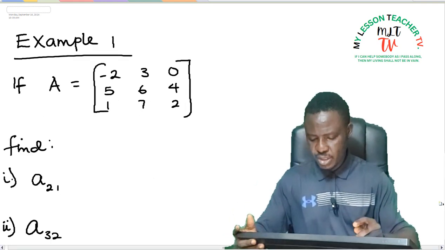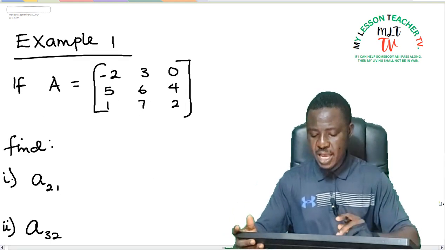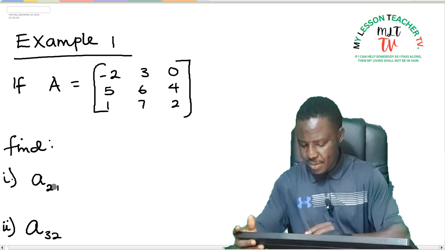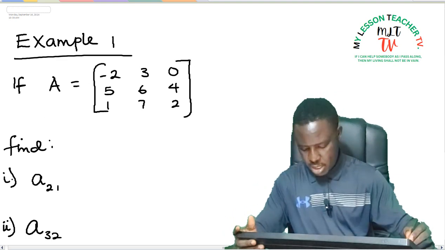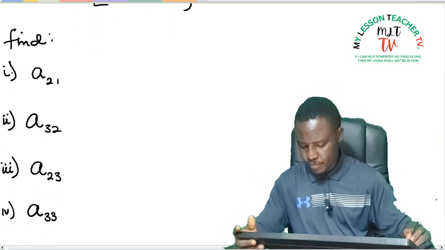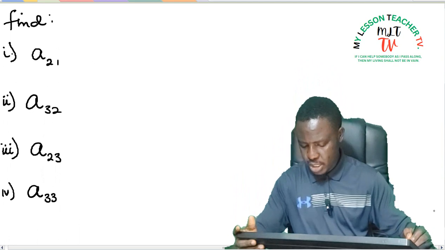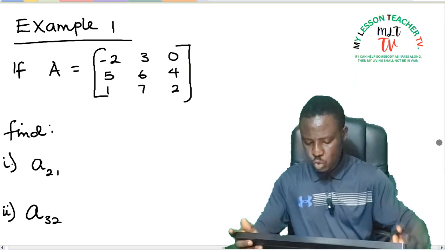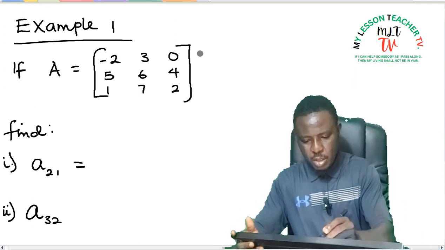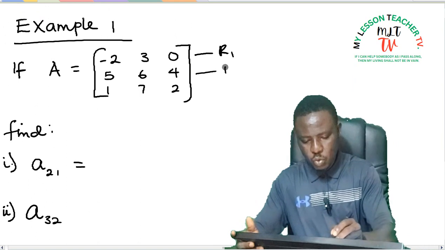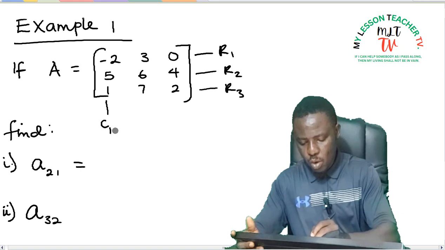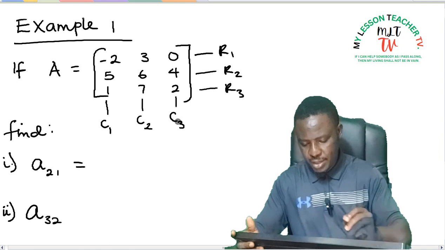Example on notation of a matrix: if matrix A is equal to this, as we have on the board, we should find elements a21, a31, a23, and a33. So element a21: this is row 1, row 2, and row 3, while we have column 1, column 2, and column 3.